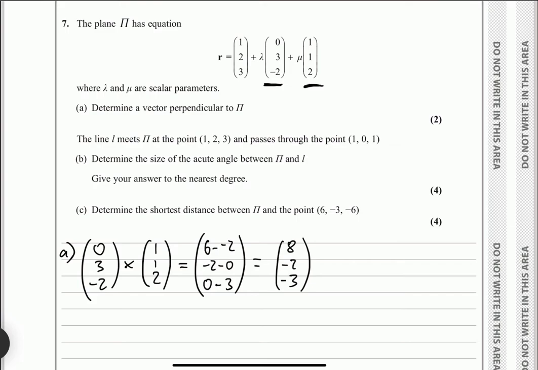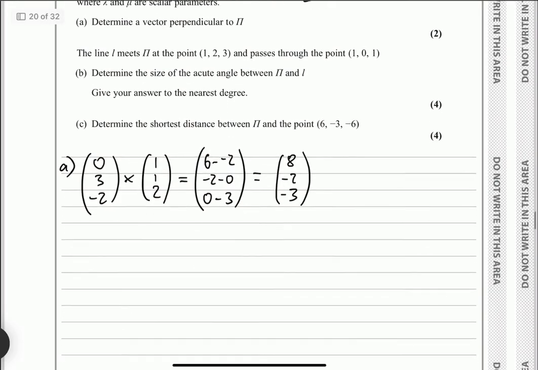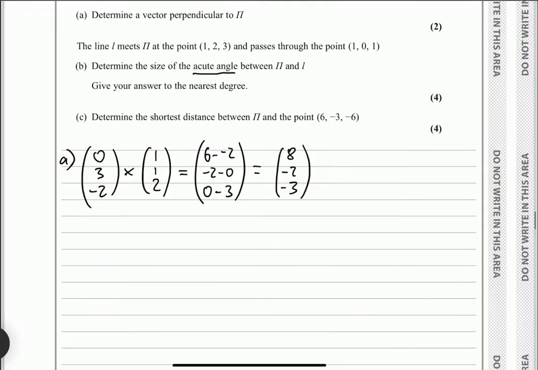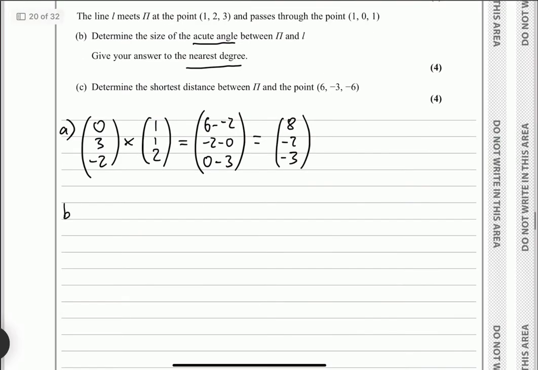The line L meets pi at the point (1, 2, 3) and passes through the point (1, 0, 1). Determine the size of the acute angle between pi and L. Give your answer to the nearest degree. Okay, so we've got a plane, there's pi, and we've got L meeting the plane at point (1, 2, 3).